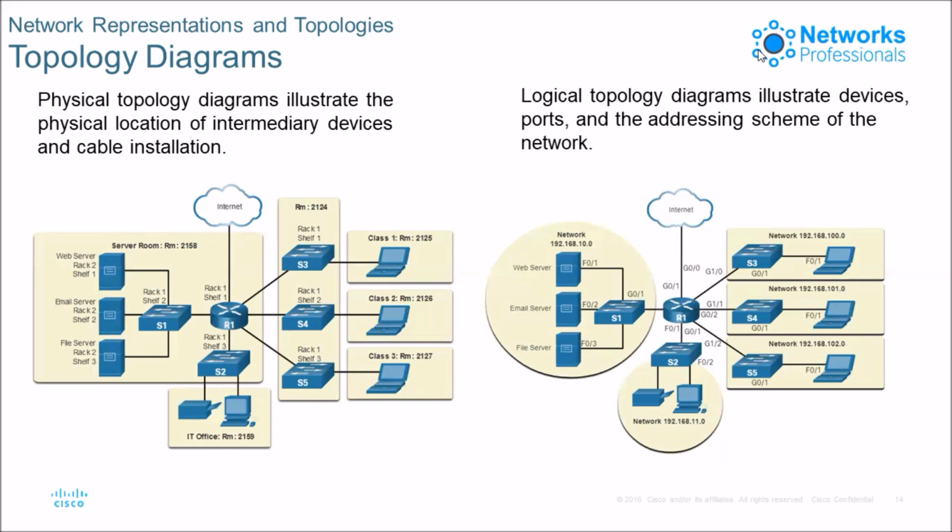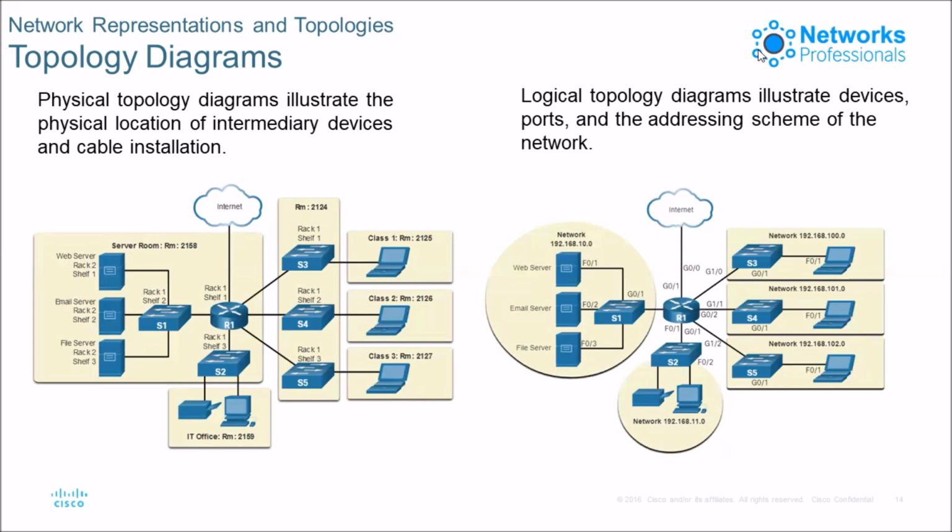On the other hand, logical topology diagrams illustrate devices, ports, and, most importantly, the addressing scheme of the networks. Topology diagrams are mandatory documentation for anyone working with a network. They provide a visual map of how the network is connected.